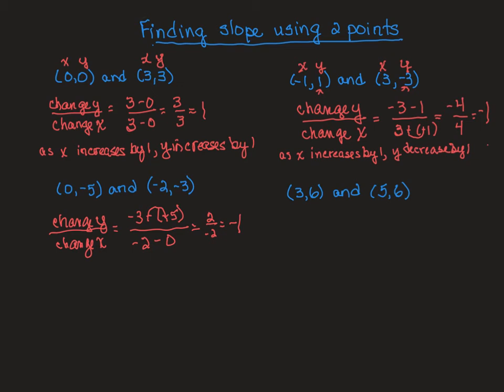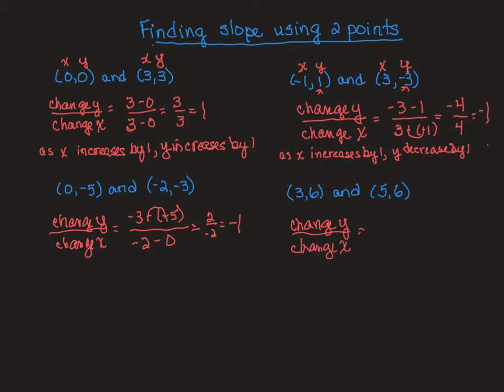And that makes sense. Okay, the last one is interesting. It's a little bit of a special case, so I wanted to include it. So let's say the change in y over the change in x.